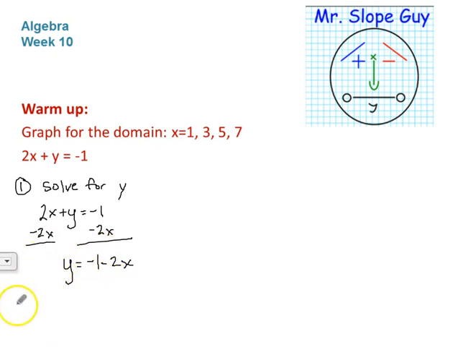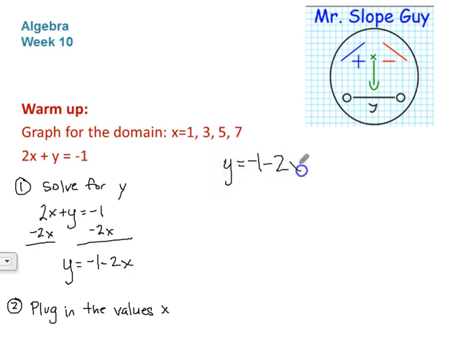So now that we've solved for y, we can plug in the values of x to get our points that we're going to graph. So let's go ahead and do that. I'm going to move up here. So our equation, remember, is y equals -1 minus 2x. So let's plug in x equals 1.